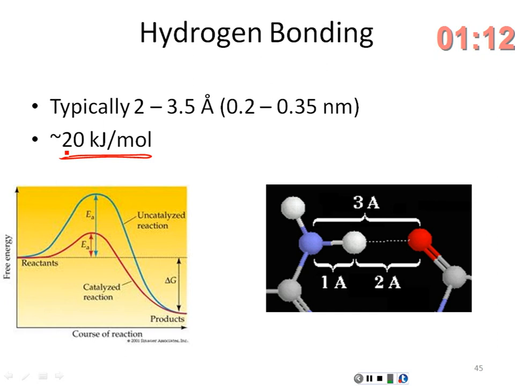There's a really wide range of strengths of hydrogen bonds, but a typical number would be 20 kilojoules per mole, and that's actually quite high. So they're very, very important. If you're thinking in terms of lowering an activation energy, 20 kilojoules per mole can be quite large.